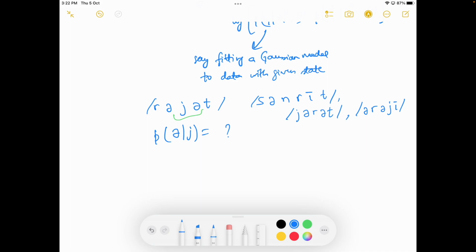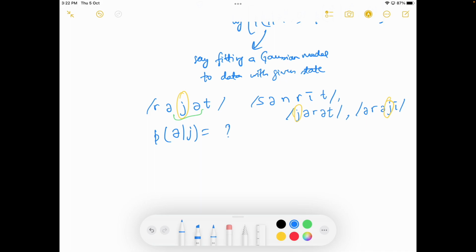J is appearing here, J is appearing here, J is appearing here. Now you count how many times you get A after J. Here you're getting A after J, here you're getting A after J, here you're not getting it. So out of 3 times that J is appearing, only 2 times A follows.